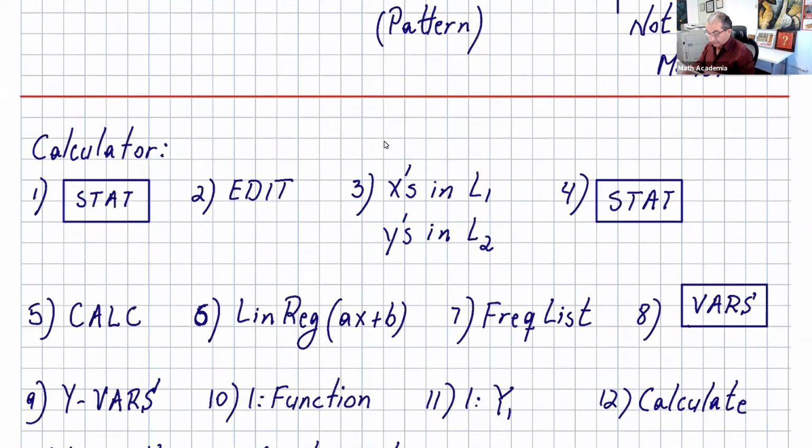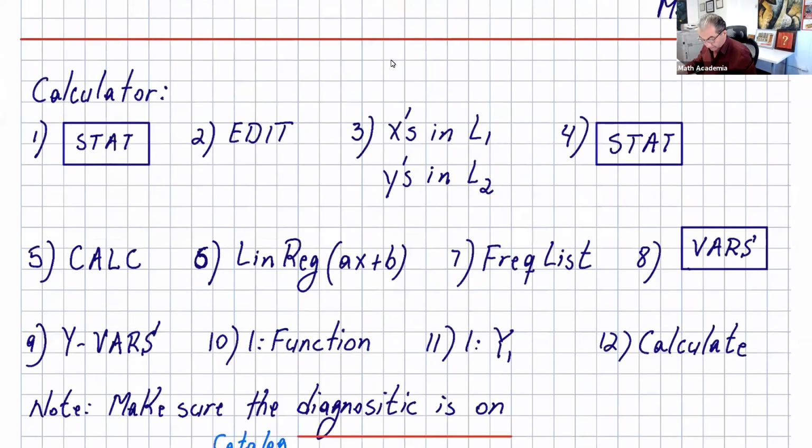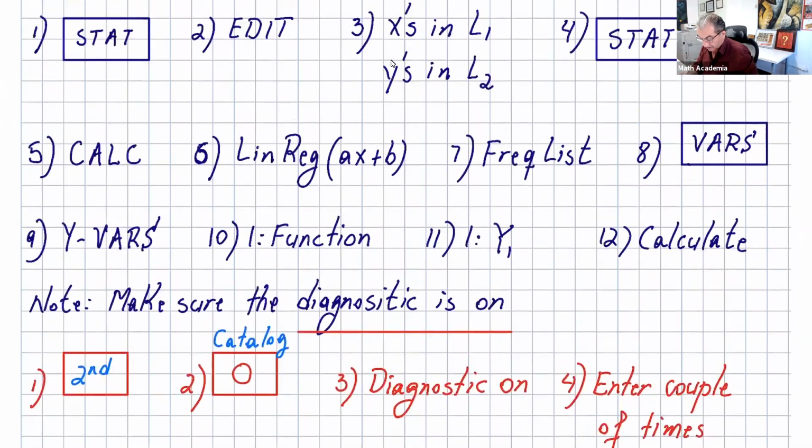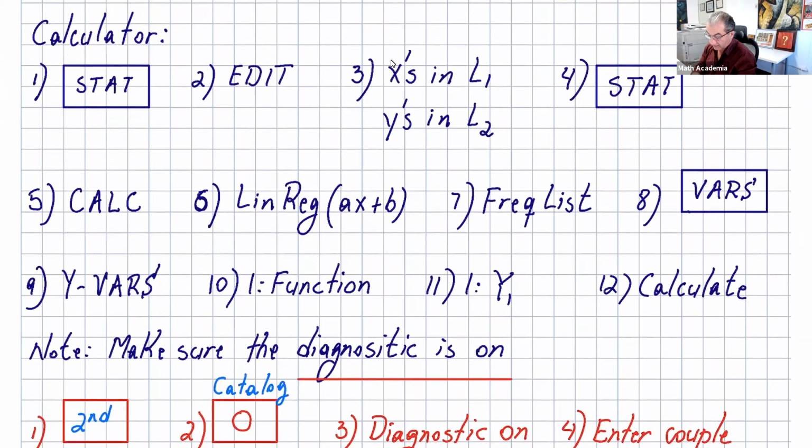Now the calculator, I do want to show you the calculator. The steps, I have it here. So again, if you use the TI-84, you go to stat, edit, put x's in L1, y's in L2, then go back to stat, go to calc, and pick number 4, which is linear regression ax plus b.